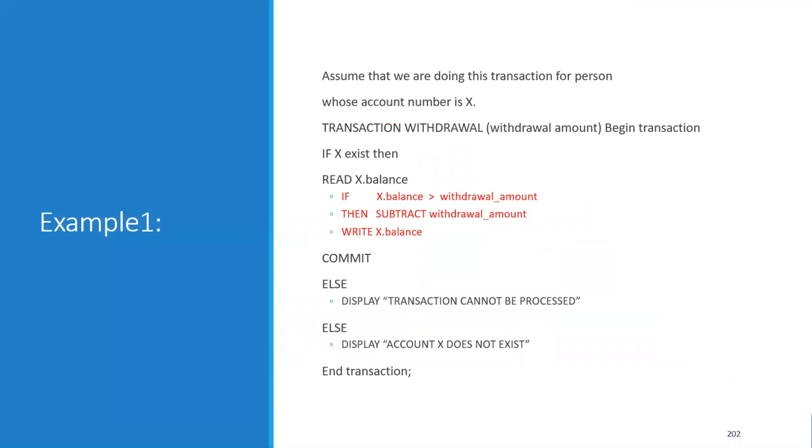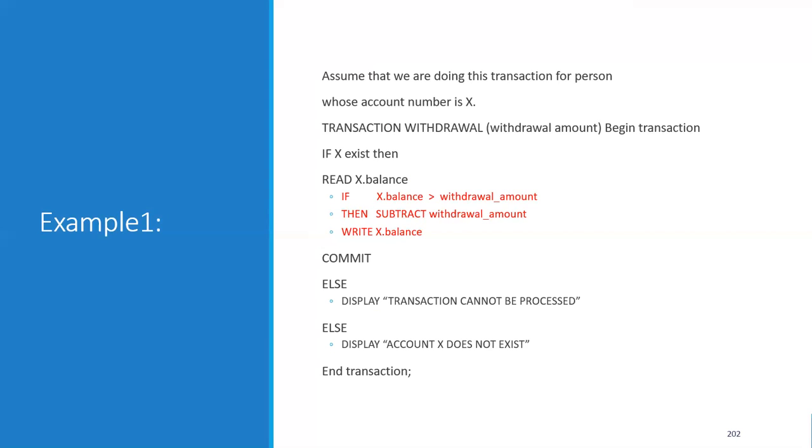Here I have given a small example of a transaction. A person has an account in a bank and he wants to withdraw money from his account. Suppose the account is X. What is the normal procedure before withdrawing the money? We want to find the balance of X. That balance must be greater than the withdrawal amount.